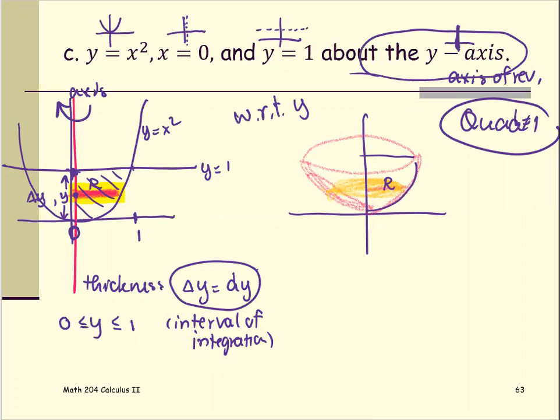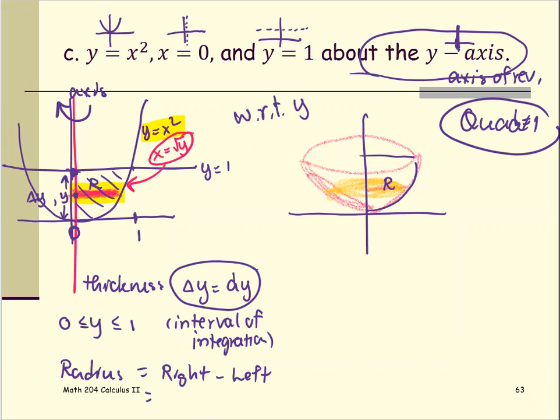So the radius is the right function minus the left function. The right function is y equals x squared. Since we work with respect to y, we rewrite this as x equals square root y.